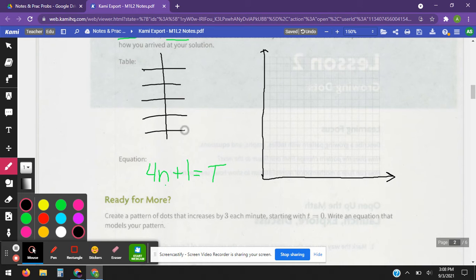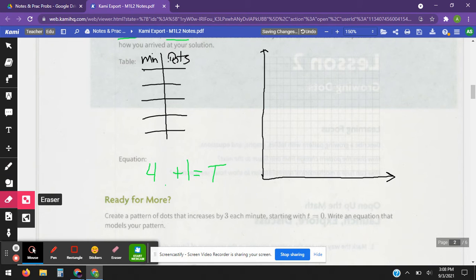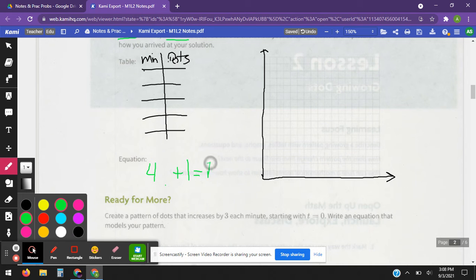Okay, so I have my minutes, and then dots. So I actually should probably, let's change my variables. So we're going to say my dots equal 4 minutes plus 1. Okay.